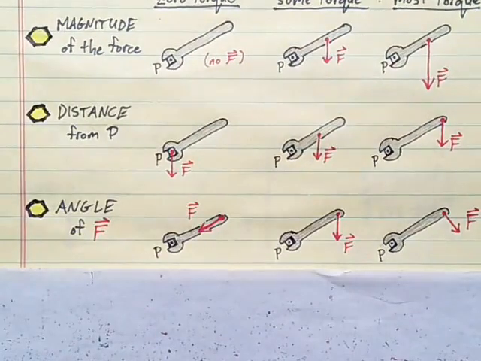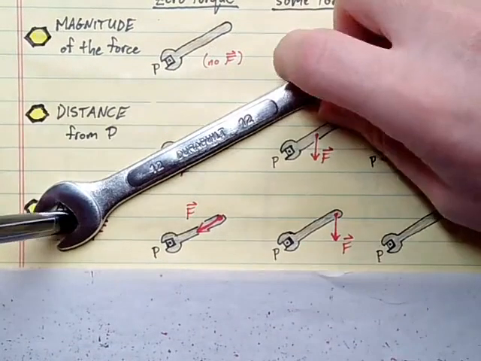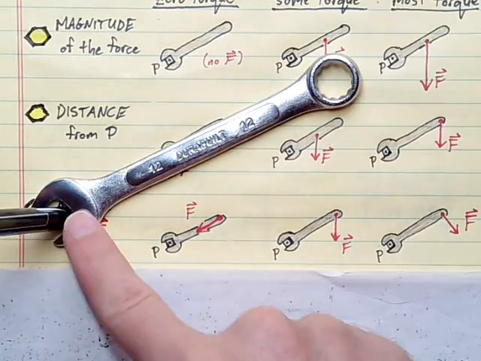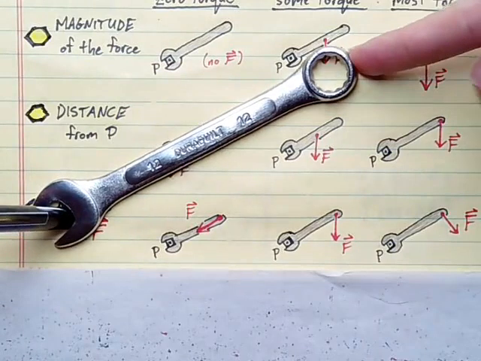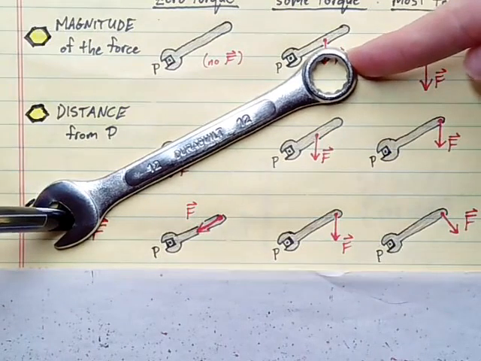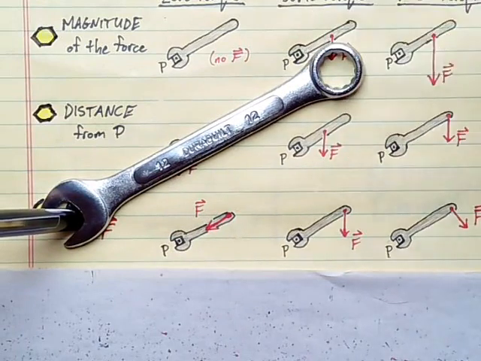Okay, so there's the distance being the second factor of three, and the third and final factor that influences how much torque is exerted is the angle of that force. Specifically, the direction of that force relative to the location of P, the rotation point. If I push directly at the point of rotation, if I push directly in, we know the wrench won't rotate. Likewise, if I pulled directly out, straight outwards, the wrench wouldn't rotate.